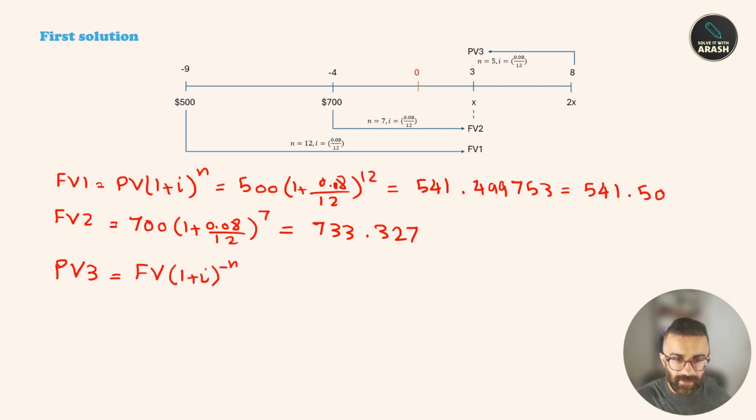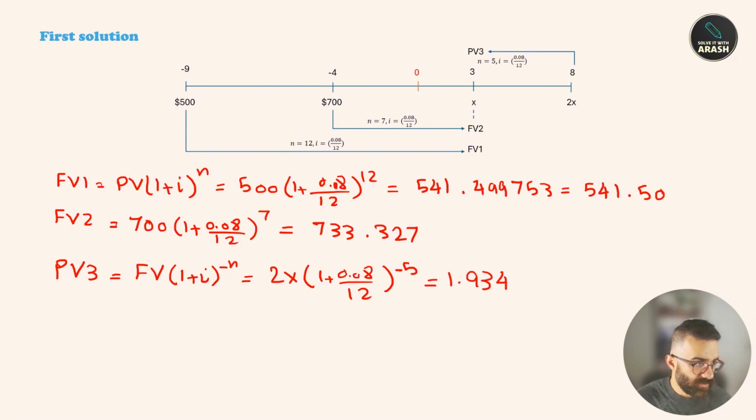The present value of 2x, I name it PV3, and it's calculated as FV times (1 plus i) to the power of negative n, which equals 2x times (1 plus 0.08 over 12) to the power of negative 5, which equals 1.934646199. I can continue writing decimals, but I need 7 figures because the final answer is going to have 6 figures.